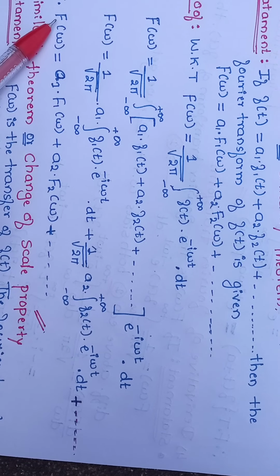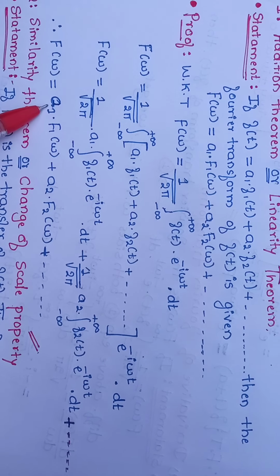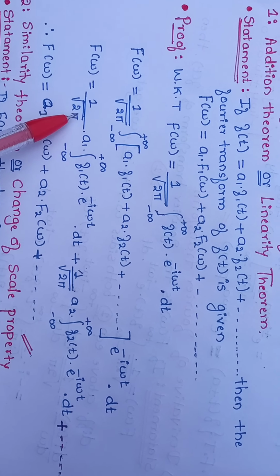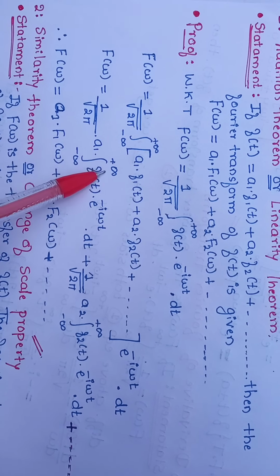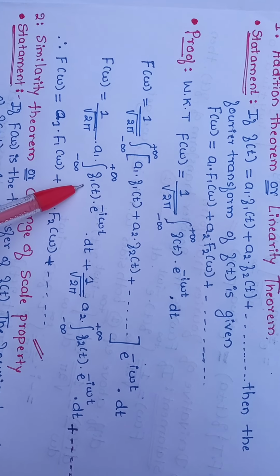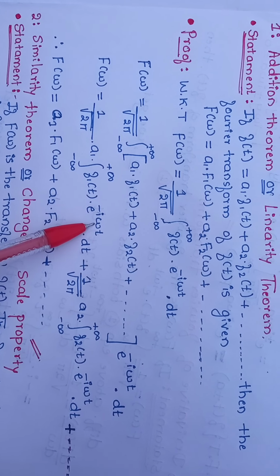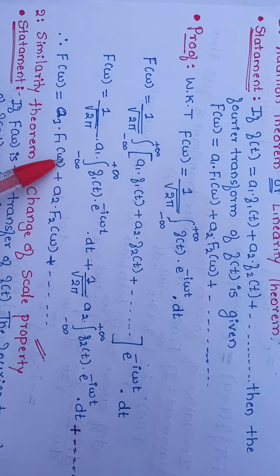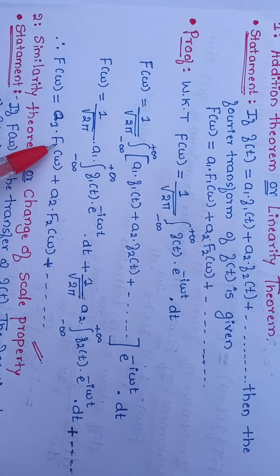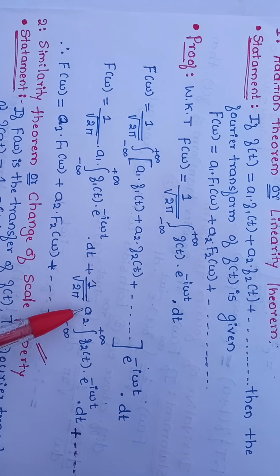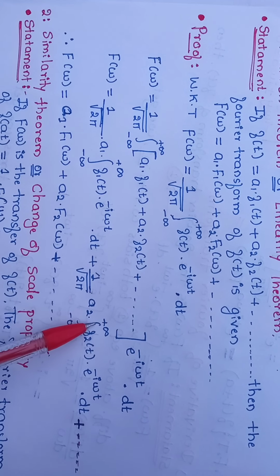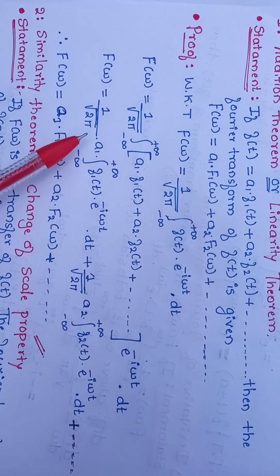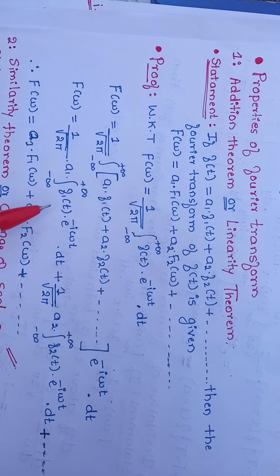Therefore F of omega equal to a1 into 1 divided by square root of 2 pi into integration of minus infinity to plus infinity f1 of t into e raised to minus i omega t into dt. The value of this one is F1 of omega, by the definition. Plus a2 into this term, that is F2 of omega, plus and so on.